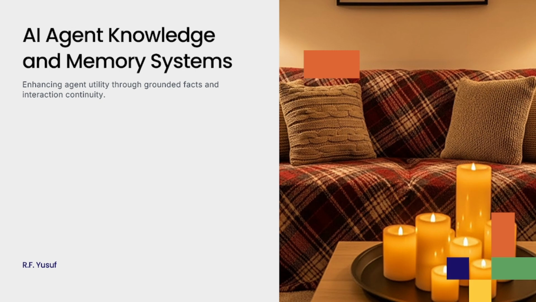And so in this lesson today, lesson 6 of the series, we'll be looking at AI agents' knowledge and memory systems. How do agents reason and act based on what they know?